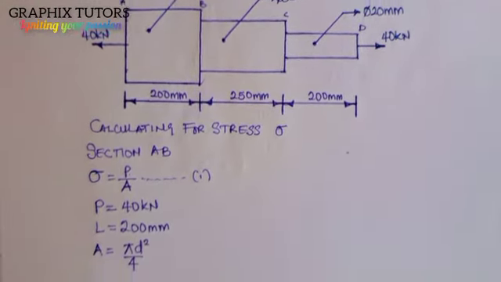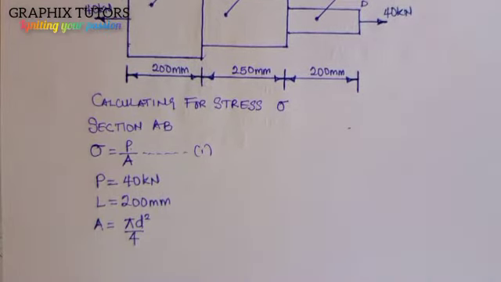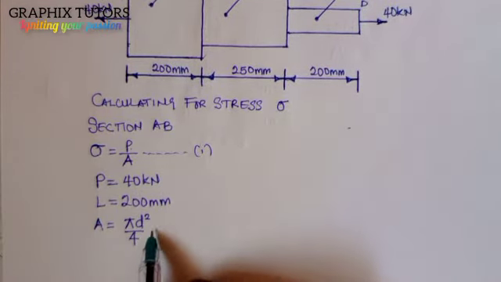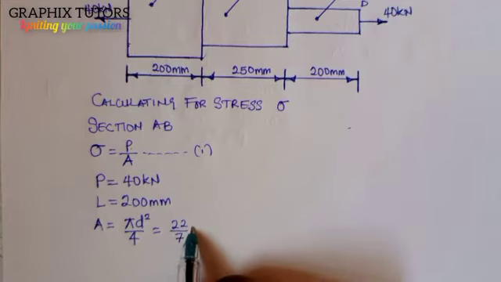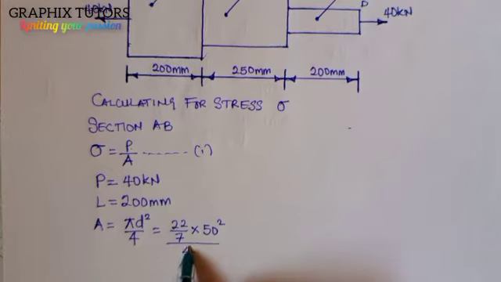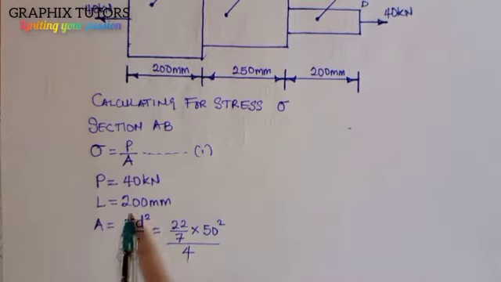So using the 50 millimeter here, this is equal to 22 over 7 multiplied by 50 square, everything divided by 4. Because pi is 22 over 7, the d is 50, and over 4.